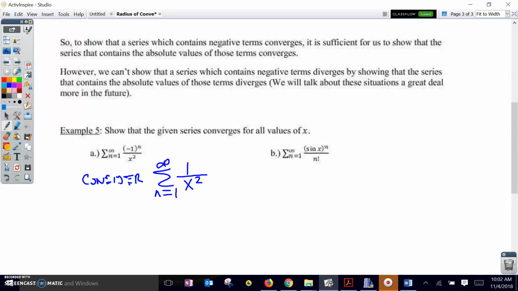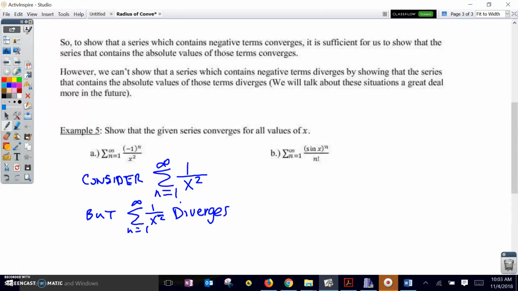Now, are there values of x for which this series converges? Well, no, there aren't. If it did converge, we would be able to show that the original series converged, but this series diverges.